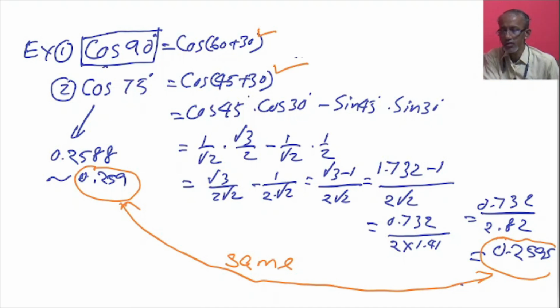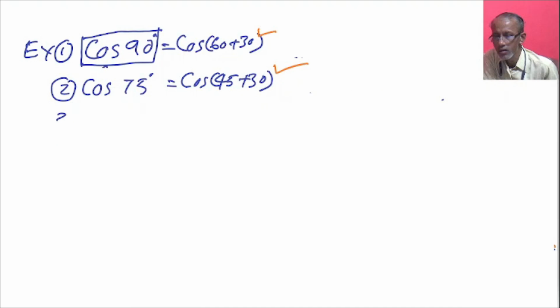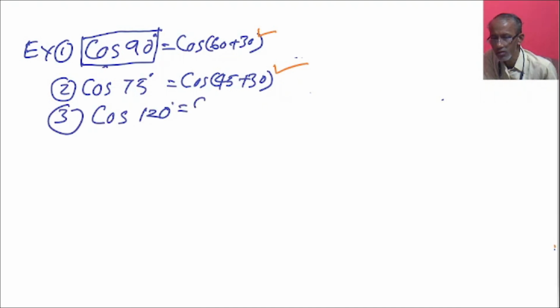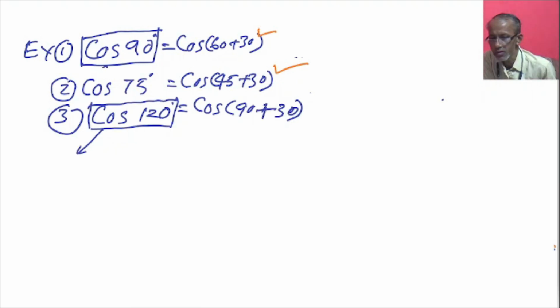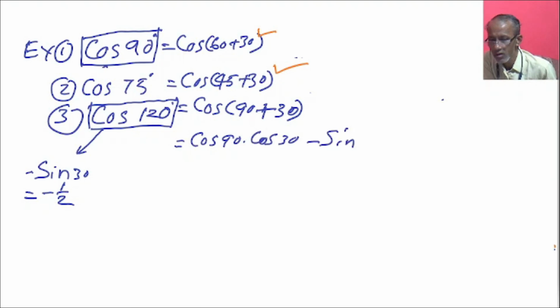Now let's try an obtuse angle. Let's say cos of 120 degrees, which can be written as cos of 90 plus 30. Cos of 90 plus 30 is equal to sin of 30 with the negative sign. So that will be equal to minus 1 by 2. And by calculation, it is equal to cos of 90 into cos of 30 minus sin of 90 into sin of 30.